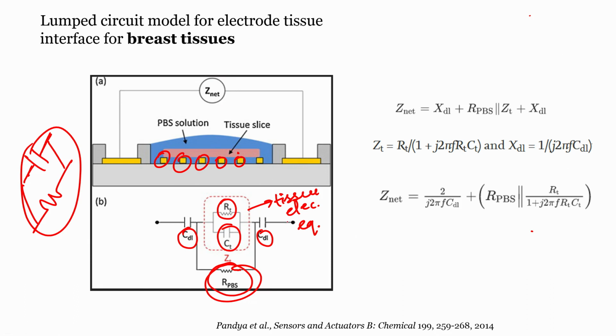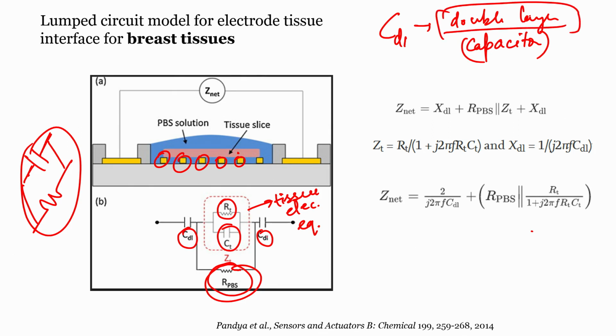So what is this CDL? CDL is a double layer capacitor. Now what is this double layer? DL stands for double layer. So this double layer is constituted by the electrode and the tissue. If you can see here, this part and this interface, this entire thing is called double layer.